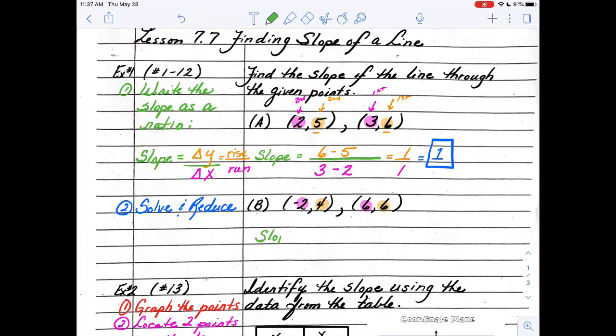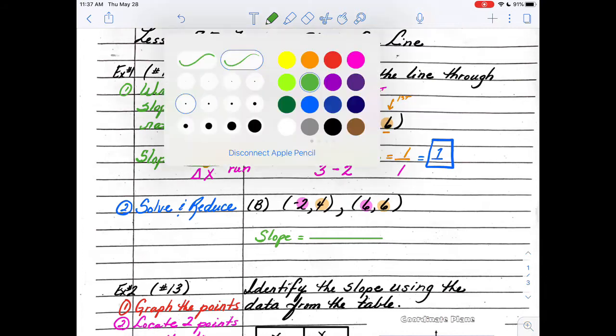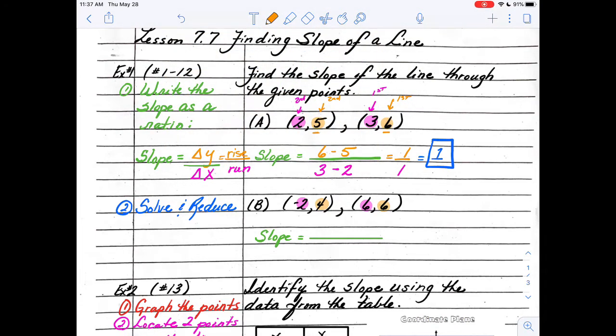Again, our slope is going to be a ratio, the change in y. So let's look at our y's. And again, it doesn't matter which one. In fact, I'm going to make this one the first value. I'm going to take that one as the second. And like I said, it doesn't matter as long as you keep the order the same for your denominator.